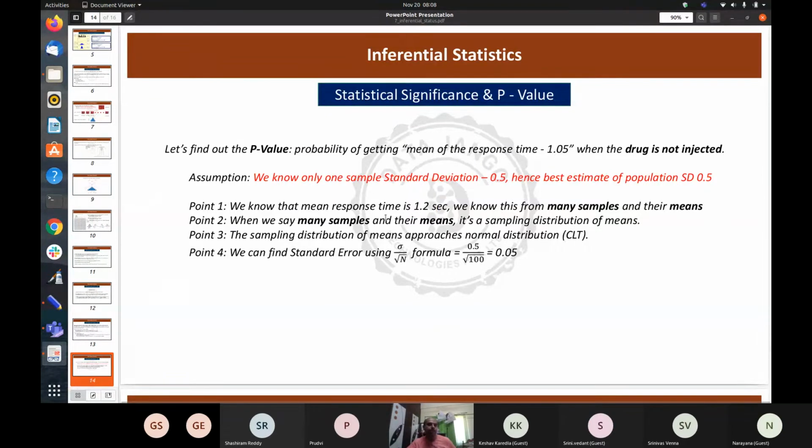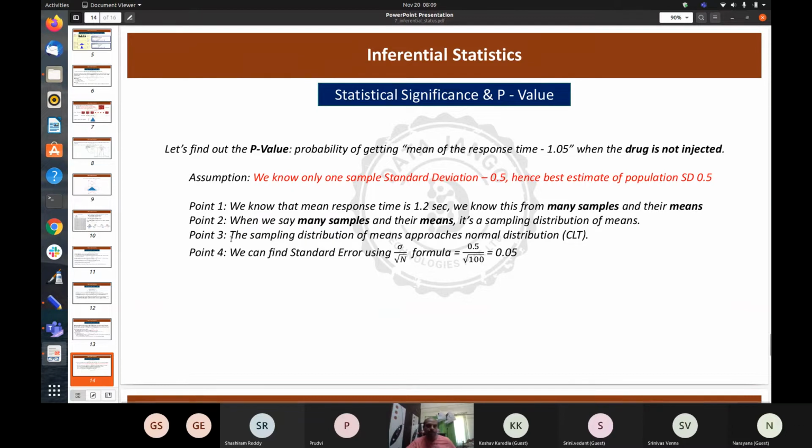From the central limit theorem, when you take n number of samples and take the mean of them, and then the mean of all those means, that is going to be equal to the population's mean. That is one part. When we say many samples and their means, it is a sampling distribution of means. The sampling distribution of means approaches normal distribution.